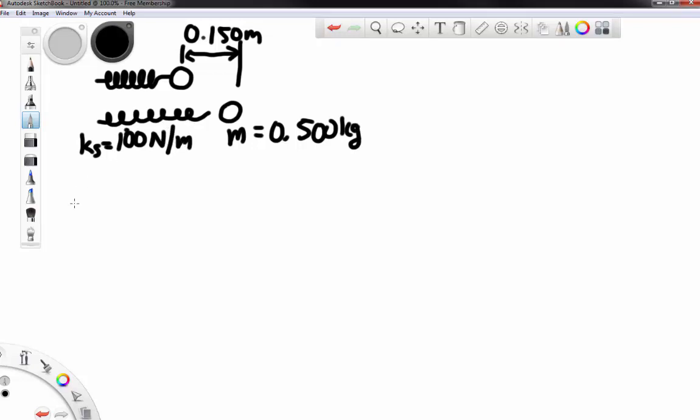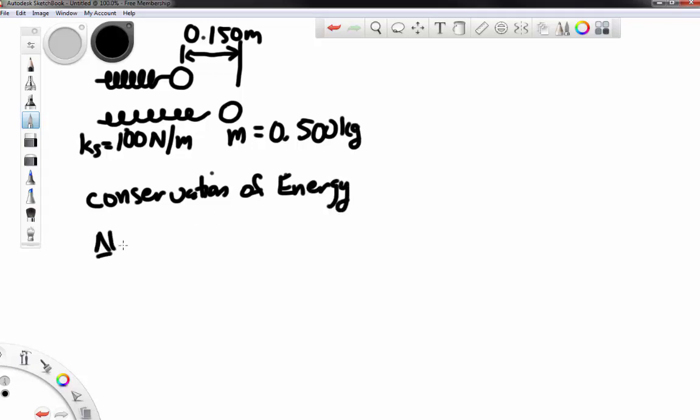Okay, so now what we need to do is figure out what speed this pinball gets launched at. So again, we're going to use conservation of energy. And for that conservation of energy, what we have is basically that the change in potential energy plus the change in kinetic energy is equal to 0.